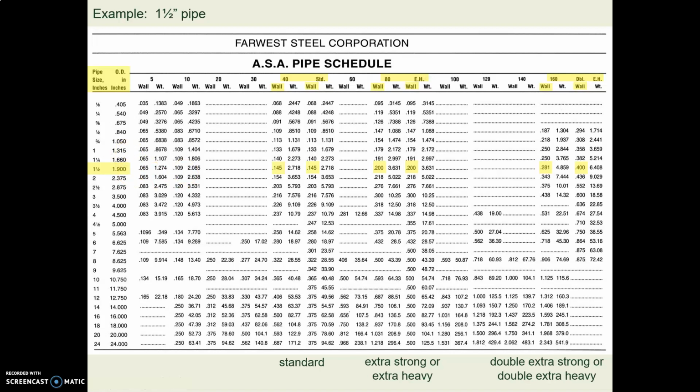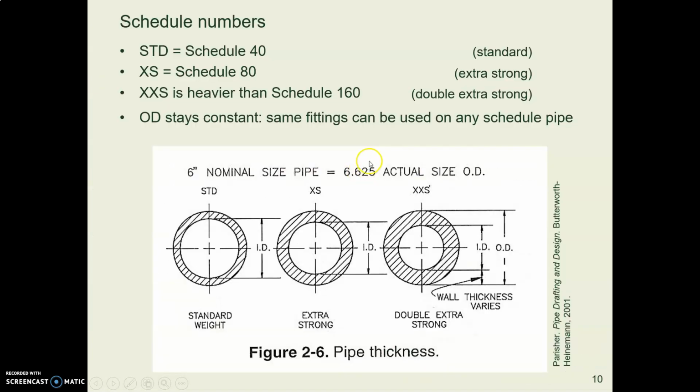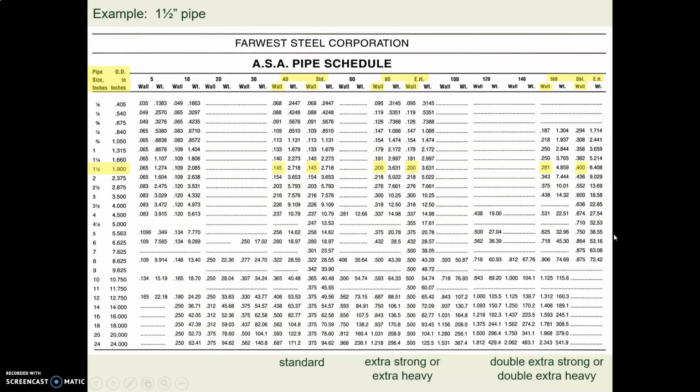That's its nominal size. Now let's look at Schedule 80, or extra strong. Its wall thickness is 0.2. Again, each side of the pipe is 0.2. 0.2 here, 0.2 here. So that's a total of 0.4. Oh, looky there.